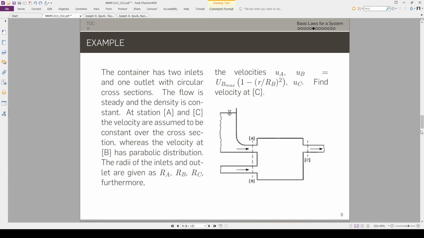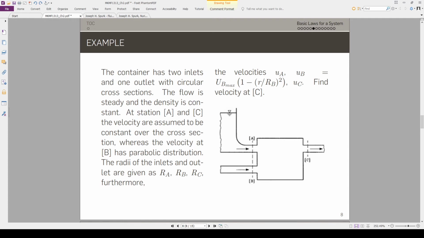So at the start, let's look at our first example on solving the conservation of mass. Given that we have a container, and the container has two inlets, at stations A and B, and then one outlet at station C. The flow is considered steady and the density is considered constant.